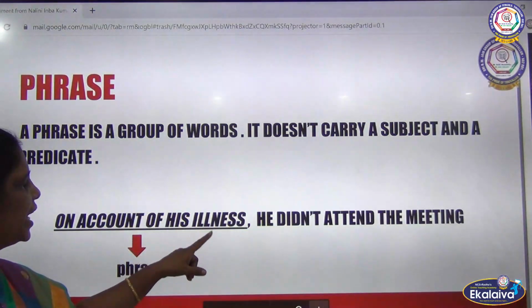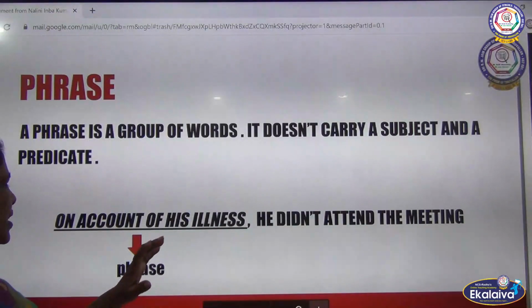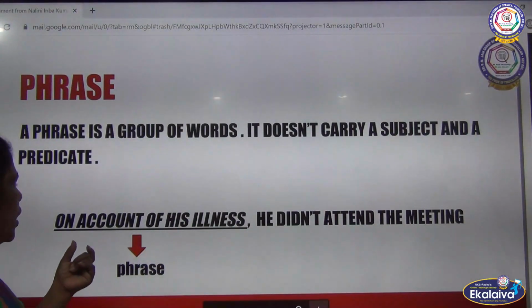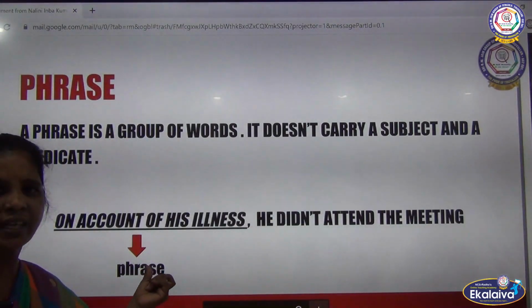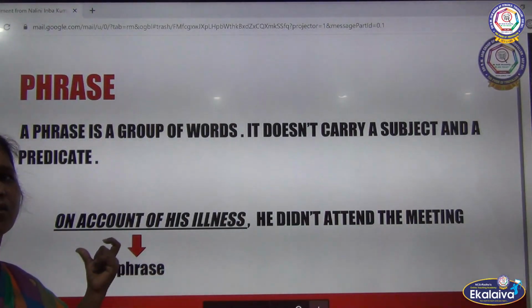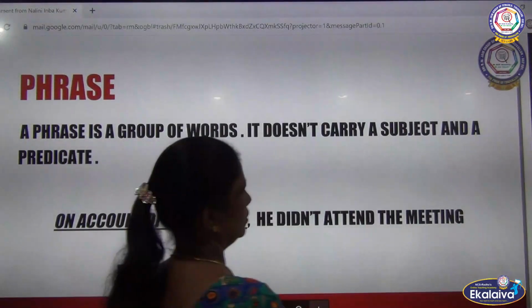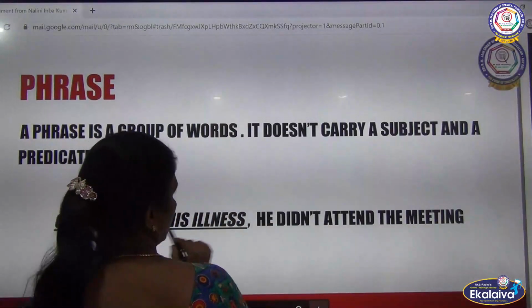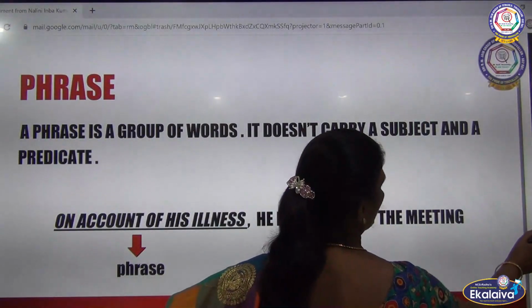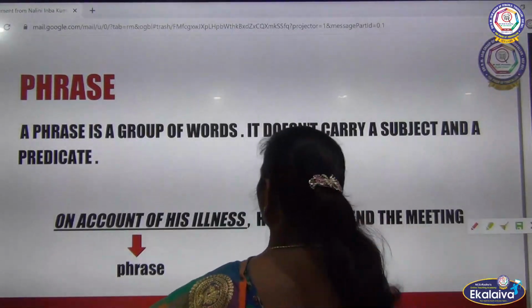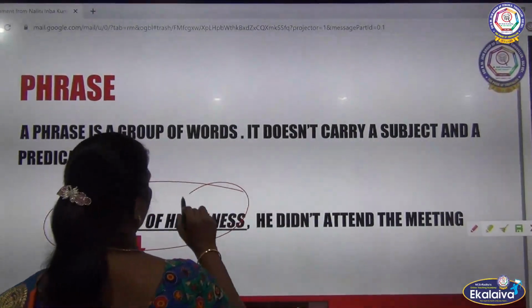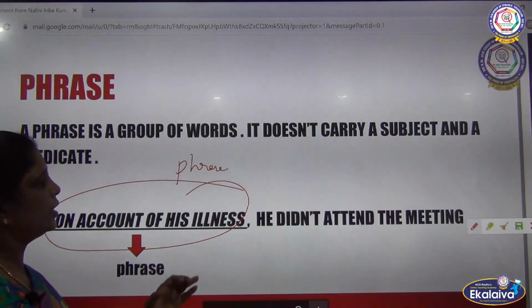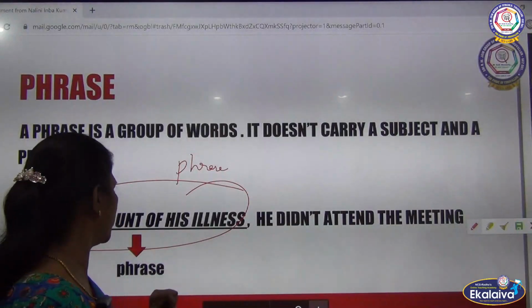On account of his illness, he didn't attend the meeting. So, what is 'on account of his illness'? It is called a phrase. So this part is called a phrase, and he didn't attend the meeting is the sentence.